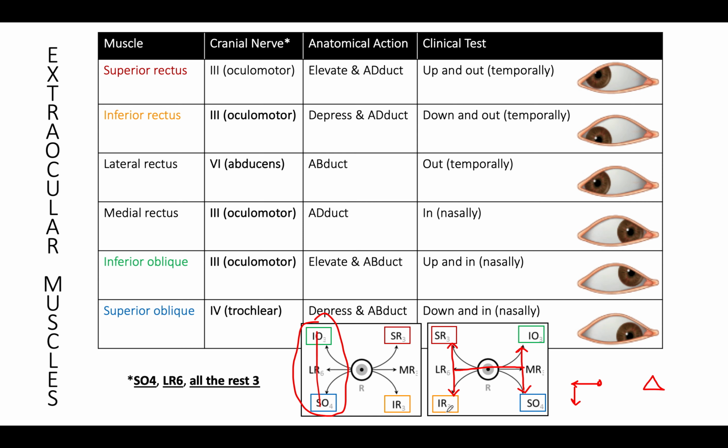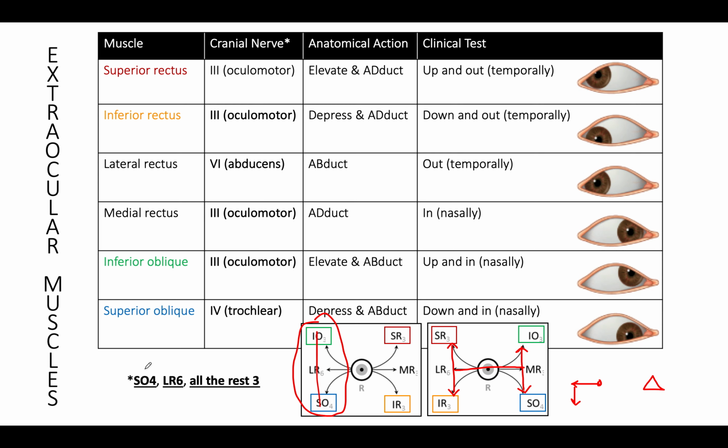The other thing to remember is that if I have a lesion to cranial nerve 3, my eye is going to be down and out. If I have a lesion to cranial nerve 6, then remember that's the lateral rectus. So my eye is going to be focused in because I can't abduct my eye anymore. So it's going to give me that medial strabismus.